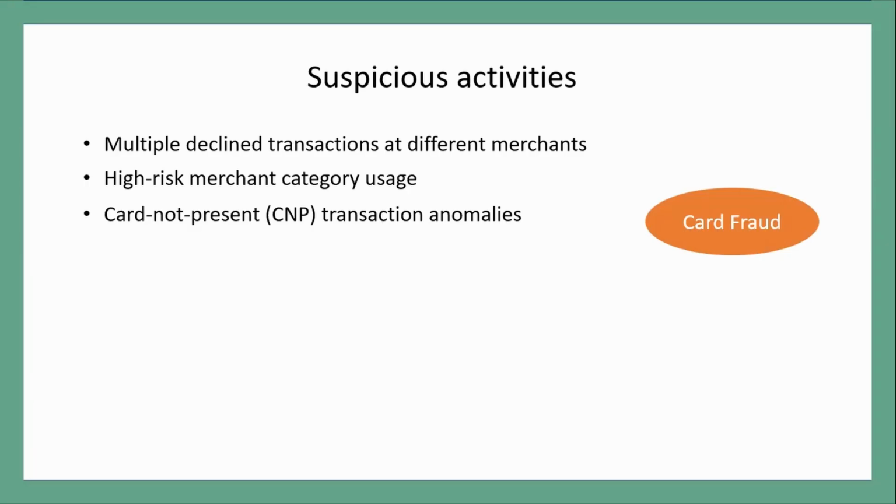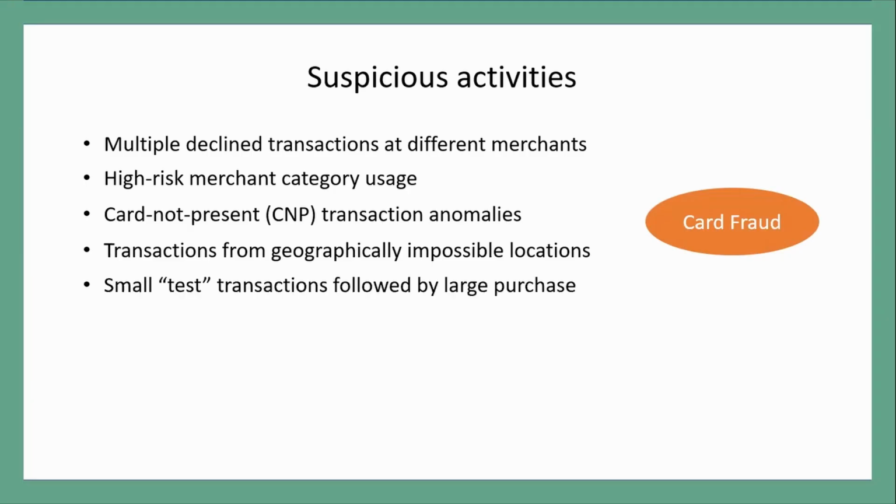For example, when we make a payment online, then we simply enter the card number and we don't need to have physical card, right? So those transactions become a little more risky. Or if transaction is happening from a geographically impossible location or very remote possible location. For example, someone staying in India and bank detects a transaction happening in Russia. So that is suspicious.